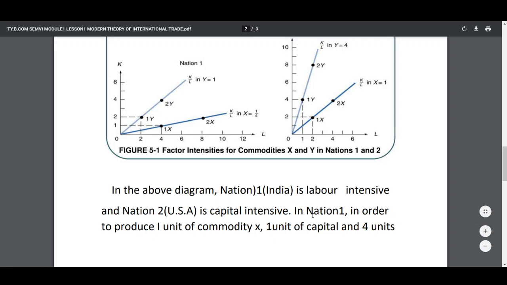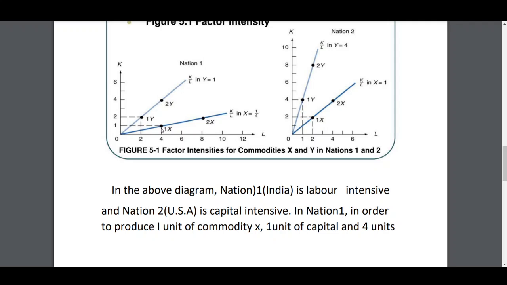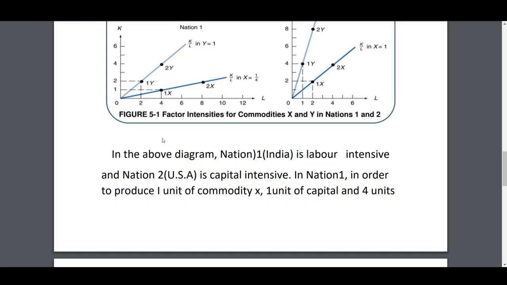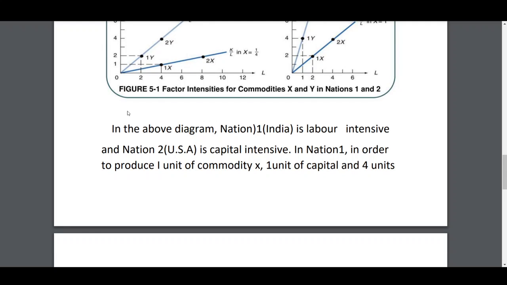In nation 1, which is labor intensive, in order to produce 1 unit of commodity X, 1 unit of capital is required and 4 units of labor are required. Got the point? And in order to produce 1 unit of commodity Y, 2 units of capital are required and 2 units of labor are required.